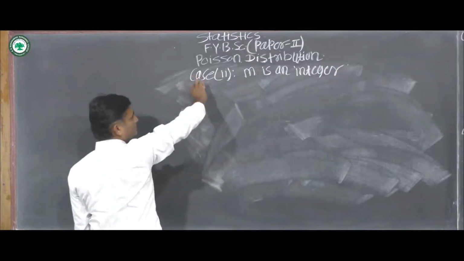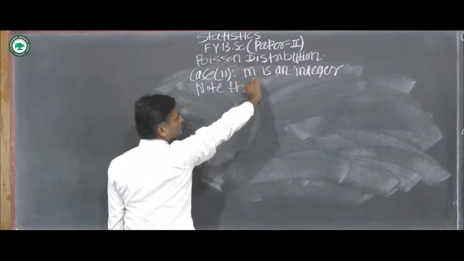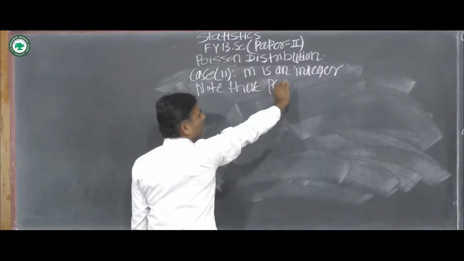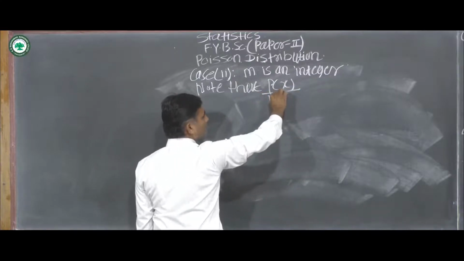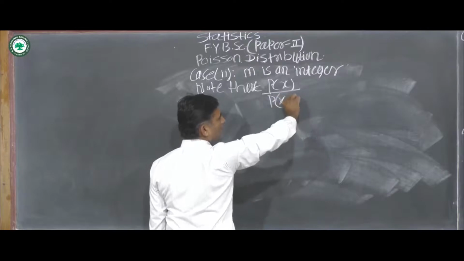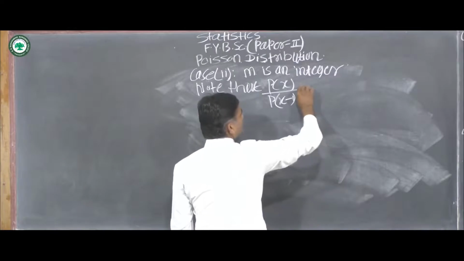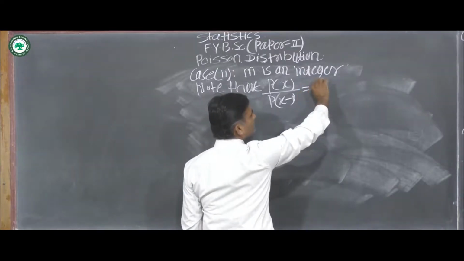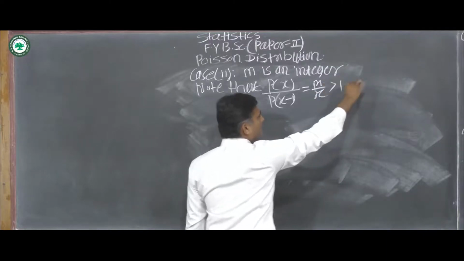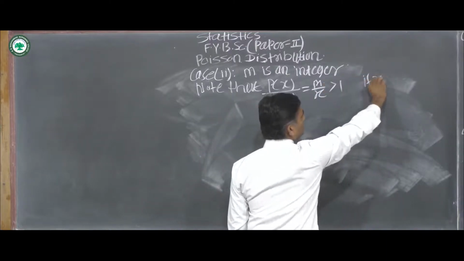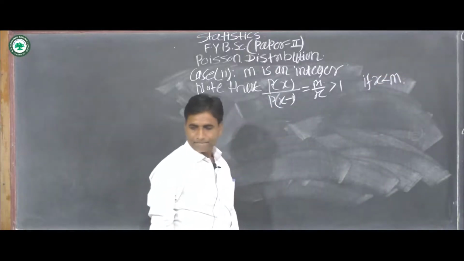Then note that the ratio of probability of x upon probability of x minus 1, which is equal to m upon x, is greater than 1 if x is less than m.